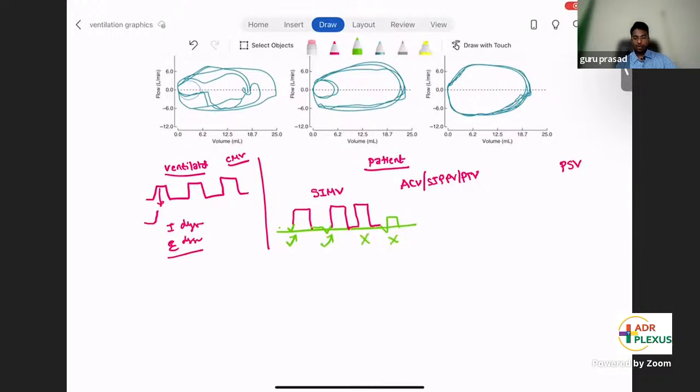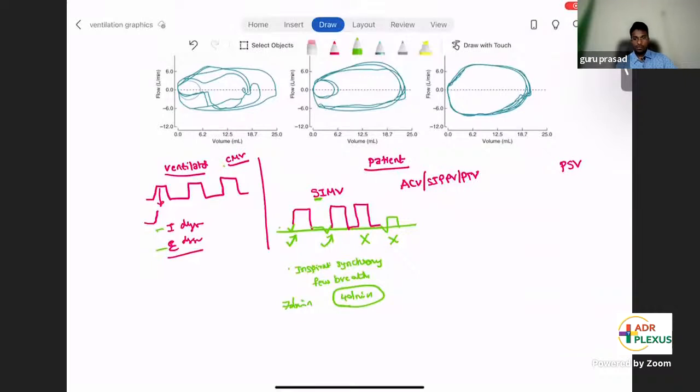So basically, in SIMV, what is the advantage when compared to controlled mandatory ventilation? Inspiration synchrony will be there, but not for all breaths, only a few breaths. Suppose the baby is breathing at 70 per minute and you have set the SIMV rate at 40 per minute. Only 40 breaths per minute will be supported by the ventilator.